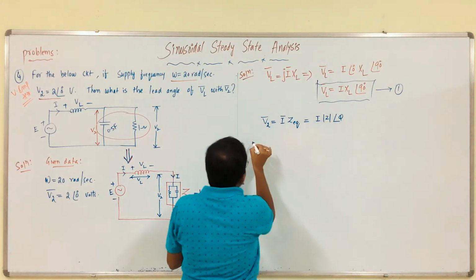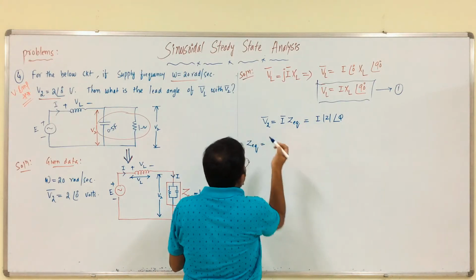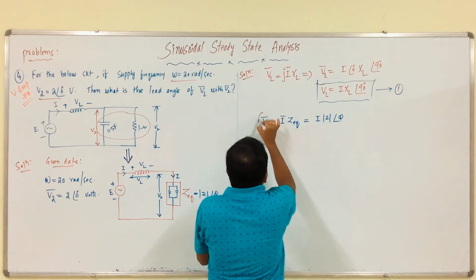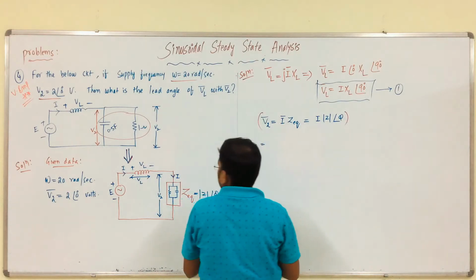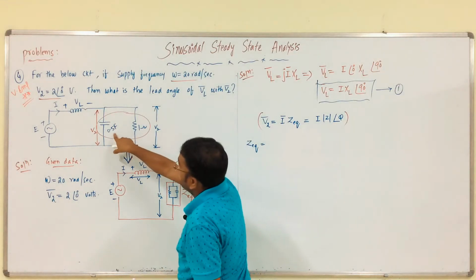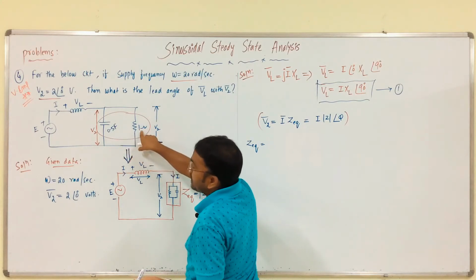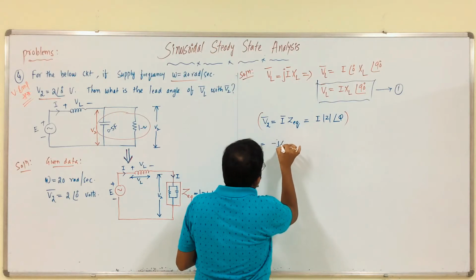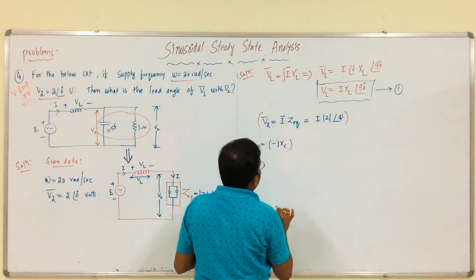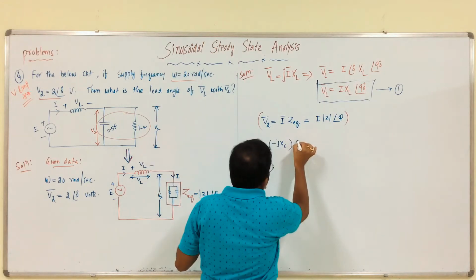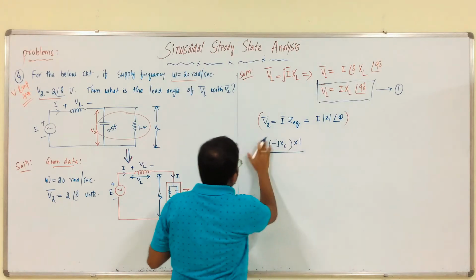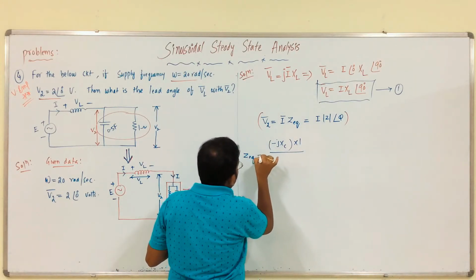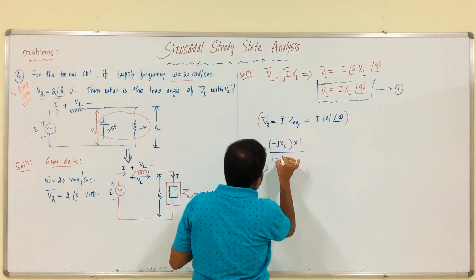Now Z equivalent is equal to, see, this is the capacitive branch, this is the resistive branch. Therefore, we have minus jXC in parallel with 1, that is R1 R2 by R1 plus R2, with 1 minus jXC.